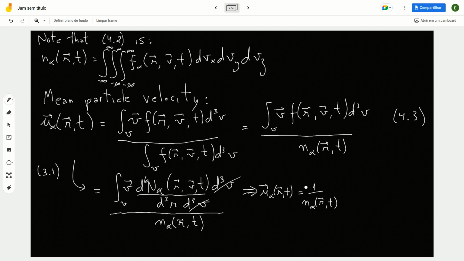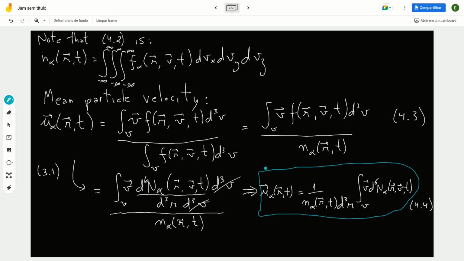This is not a function of v, so I can take it out, d3r, and now this integral here, d6n(r,v,t). This is 4.4. Okay, so this is an important expression. We will use it in the future, so let's circle it. Okay, so this is the mean particle velocity.